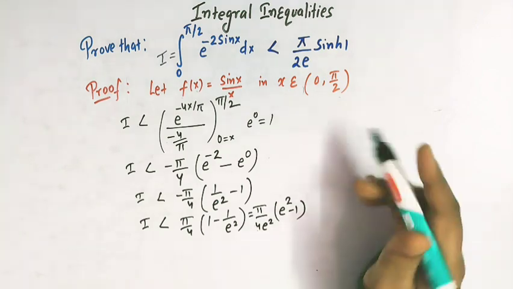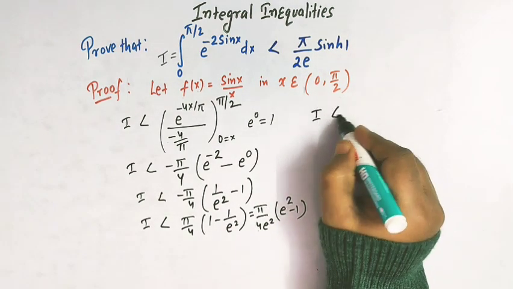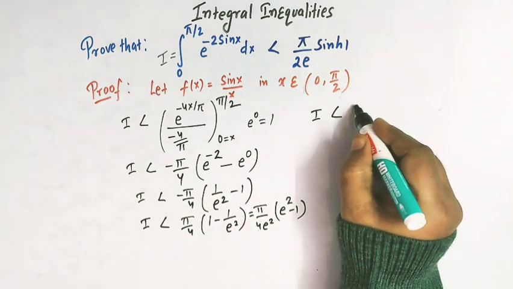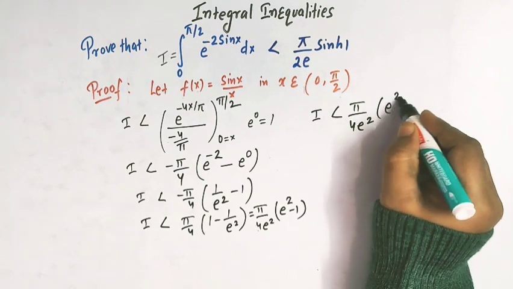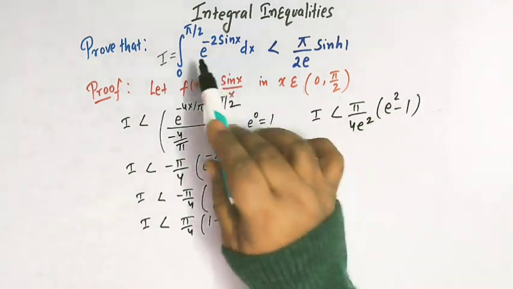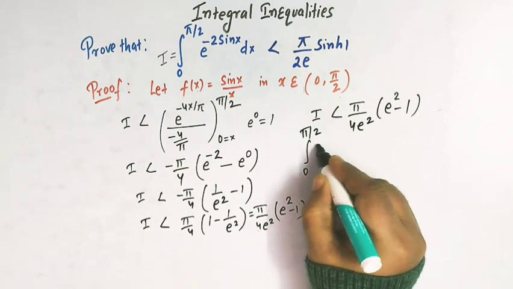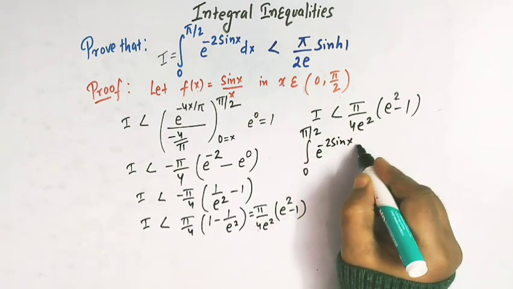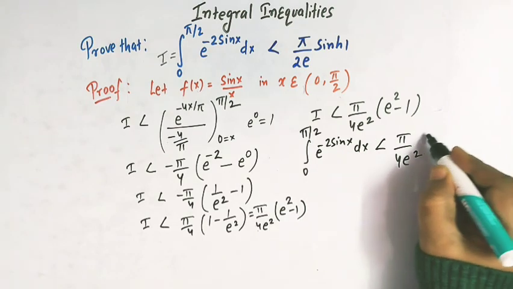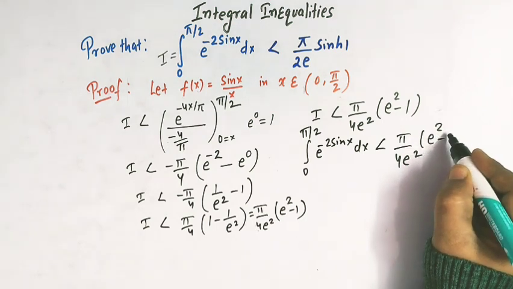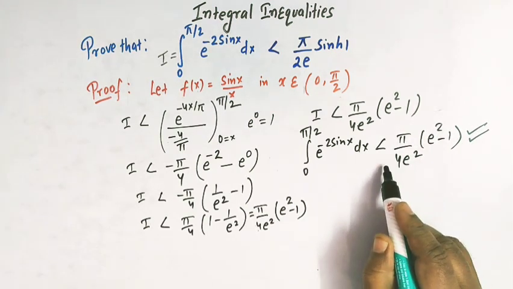So we have here derived another important integral inequality, that is, I is less than pi over 4e square times e square minus 1, right? So this integral, that is the integral from 0 to pi by 2 of e raised to minus 2 sine x dx, is less than pi over 4e square times e square minus 1. So this is also an important inequality.